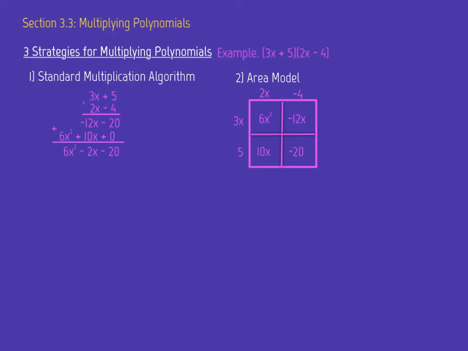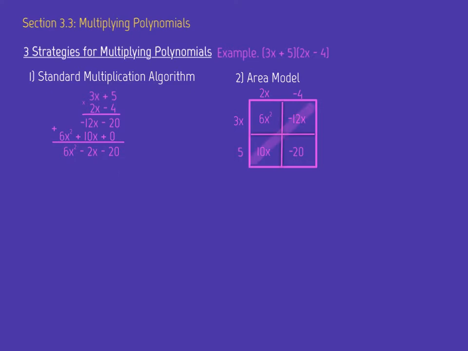Hopefully, these are the individual areas you got. Now, we know that we need to sum the 4 individual rectangles' areas together to get the area of the entire rectangle. Notice, this diagonal here actually is like terms, meaning that we can combine the 10x and the negative 12x.